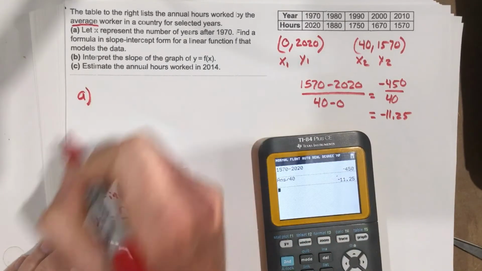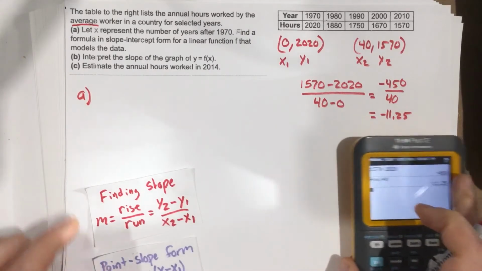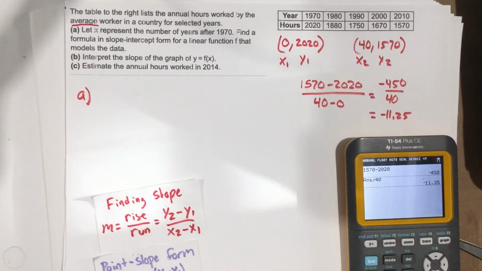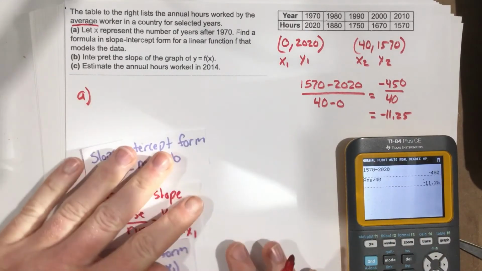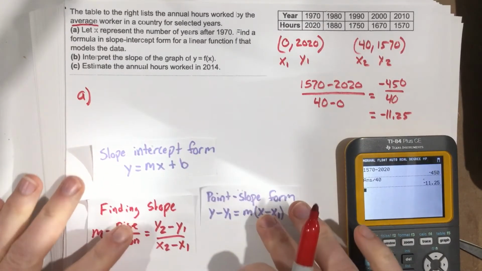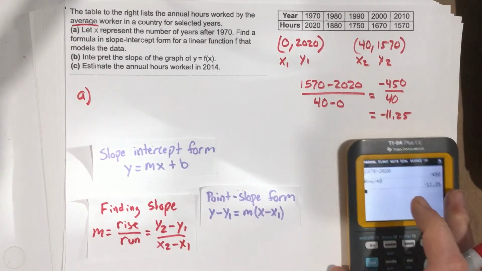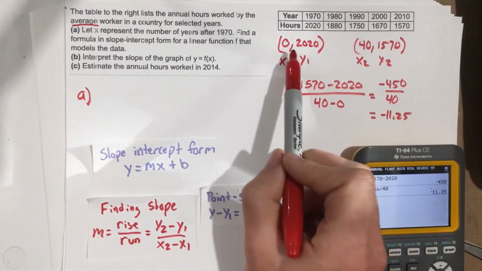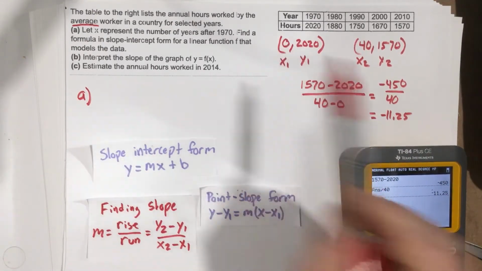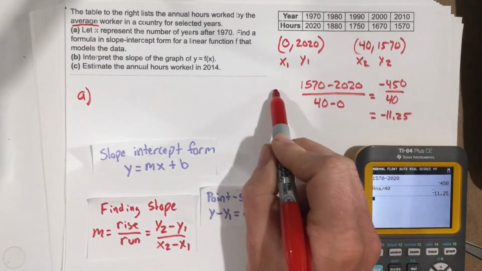I'll write that here, part A. And I can say that in slope-intercept form, which is here. So remember I said I might use point-slope form here. Well, actually I don't have to, because if you look at this coordinate, that's the y-intercept. This is the slope, and I should have put m here.